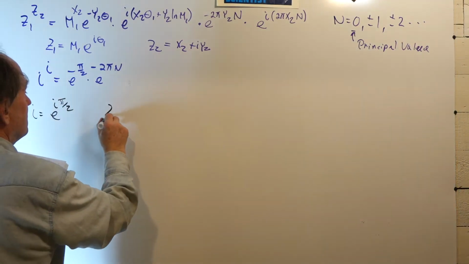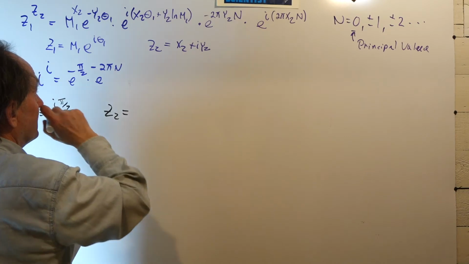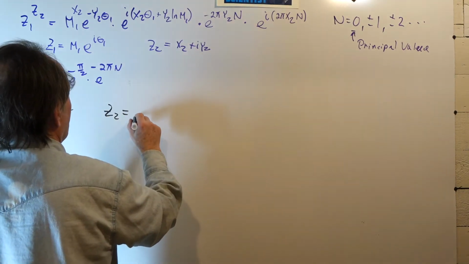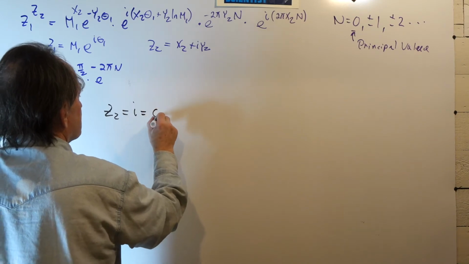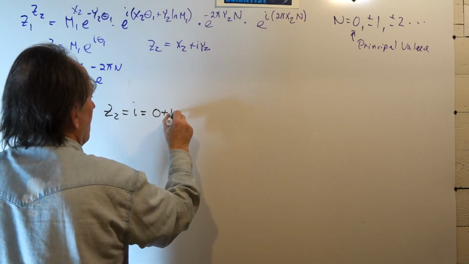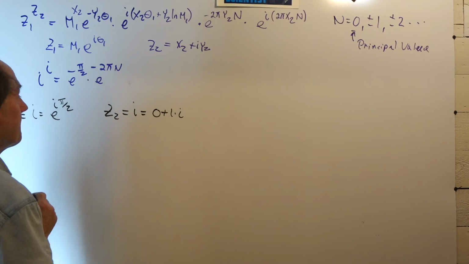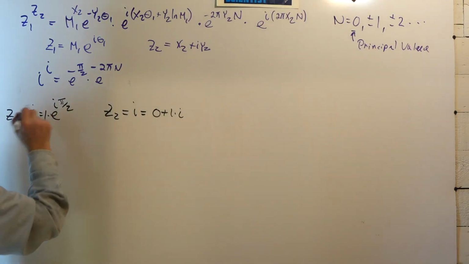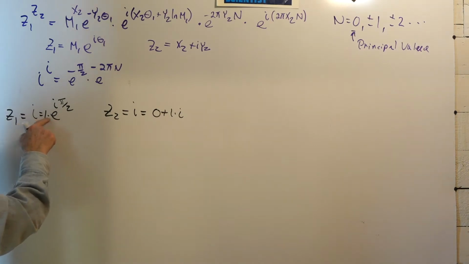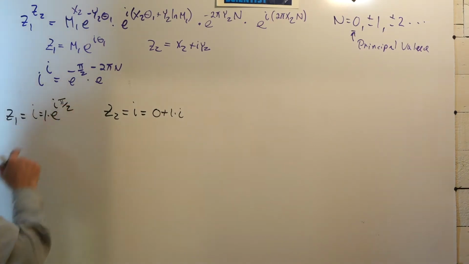Our z2 is expressed in rectangular form, and z2 is I, which is 0 plus 1 times I. The magnitude of I is 1, so this becomes 1 times e to the I pi over 2.